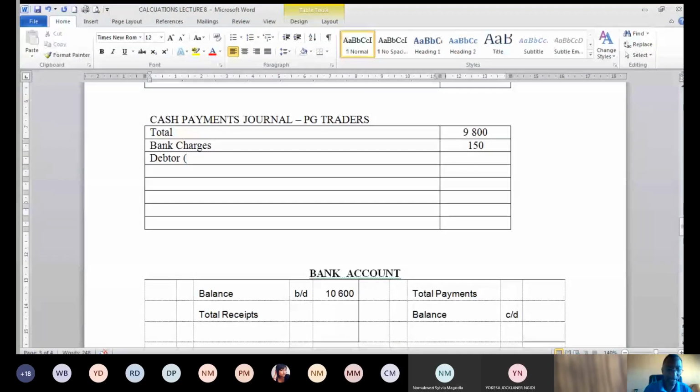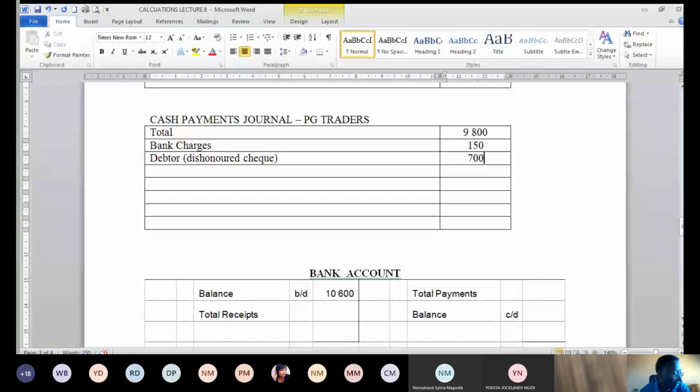We'll record that now as a dishonored check, or unpaid check. And the value of that dishonored check, guys, is 700 Rand. The dishonored check must be cancelled with an entry in the cash payments journal.